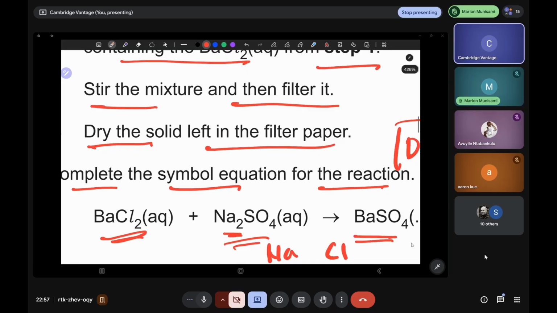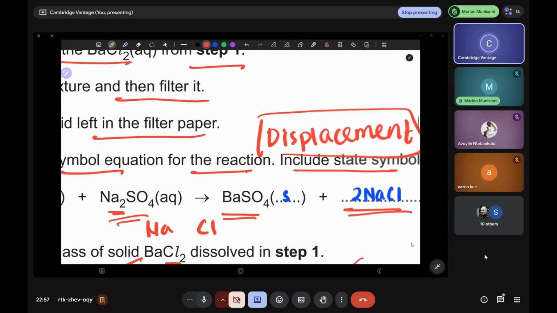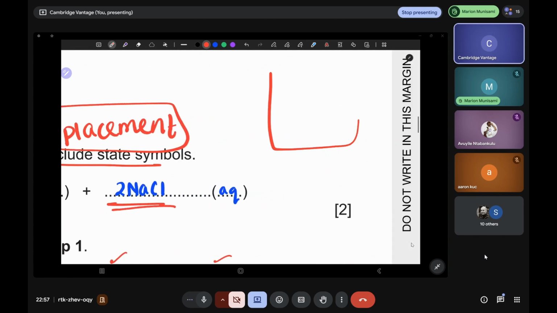Here's the thing. You filtered it and you're drying the solid. Now the barium sulfate that was produced over here is essentially in a solution of NaCl. So when you filter it out, at the end of the day, the residue that is produced, think normally. If sand is wet, regardless of how much you try to dry it, it still contains a bit of water droplets, right?